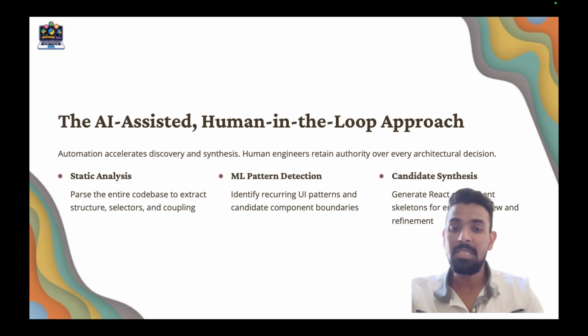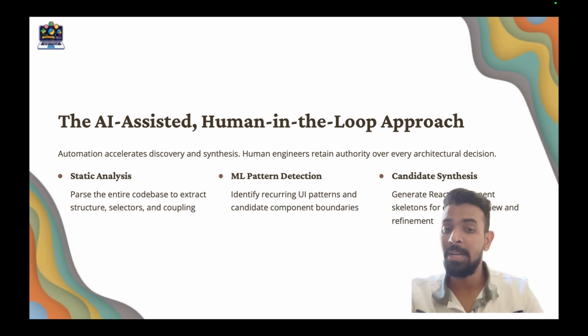That's why this approach follows a human-in-the-loop model. The process starts with AI performing static analysis to understand the application structure and identify relationships between different modules. It then detects recurring UI patterns and proposes candidate React components. Notice that I say proposes.